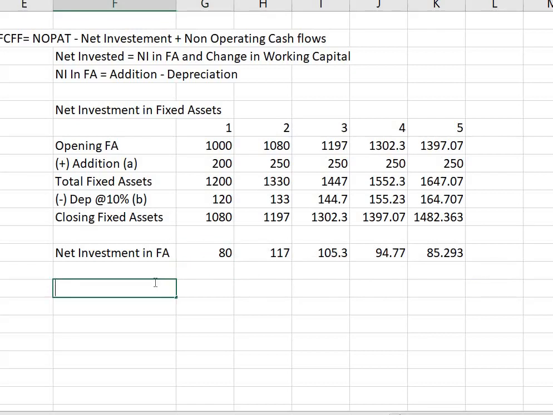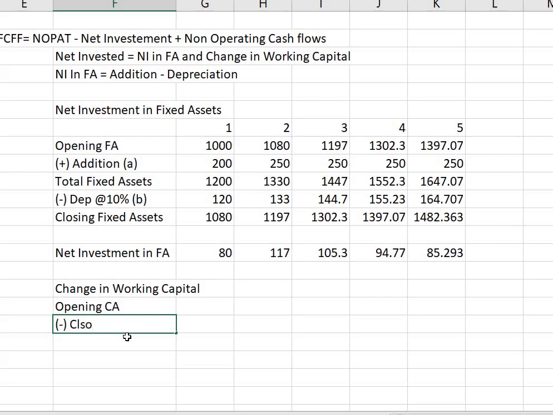Now talking about the change in working capital. Here for calculating the change in working capital, we'll be taking the difference between the opening current assets and closing current assets, right? What we mean over here is basically the debtors. We are saying the opening debtors and the closing debtors.